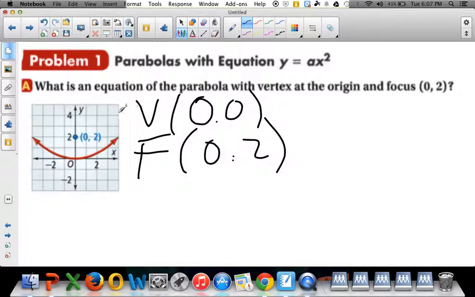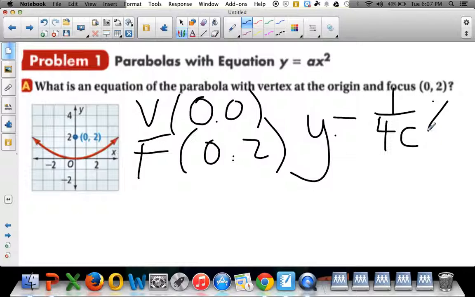By looking at the parabola to the left over here, I can tell this is a vertical parabola. So I know I'm going to use the equation y equals 1 over 4c x squared.